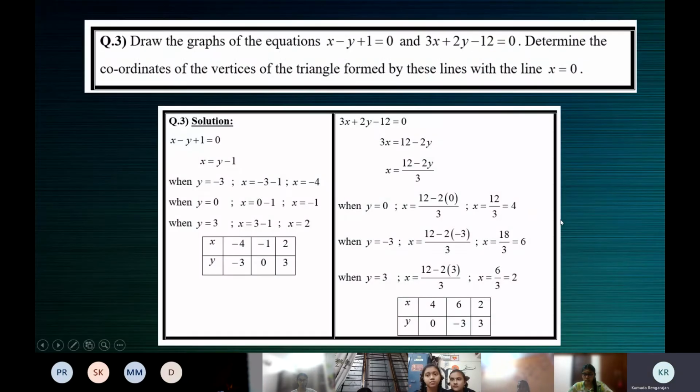All right, children, time to see the answer. So this is how I have constructed my XY tables.